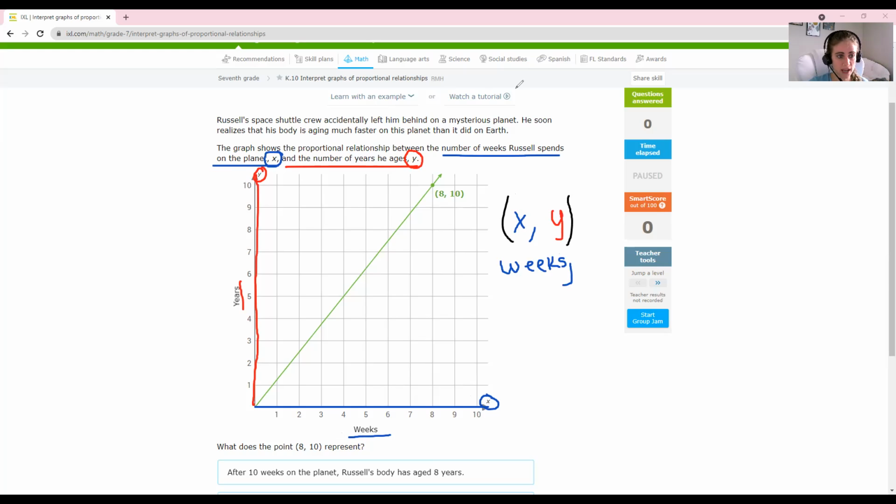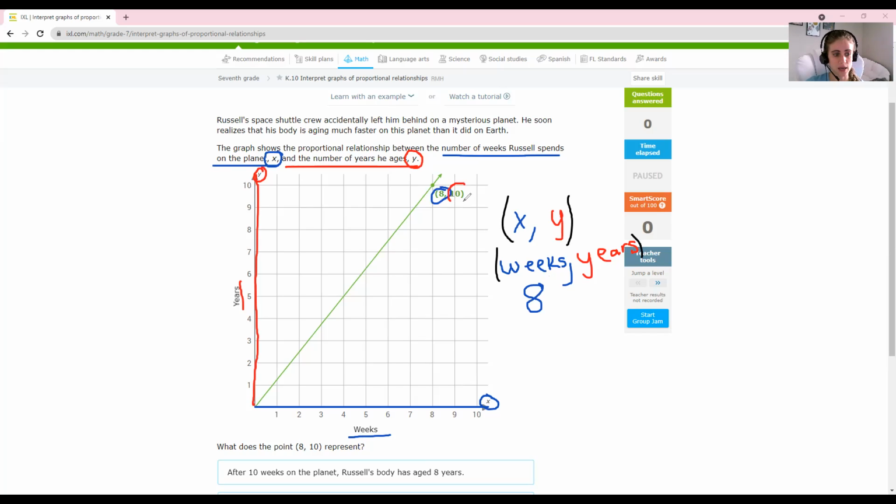And then our Y values, we look at our graph, we look at our label, that represents years. So that means any ordered pair we have is going to be how many weeks end up being a year on this mysterious planet. In this case, the point (8, 10), well, 8 is our first number, so 8 is our X, so that means 8 weeks.